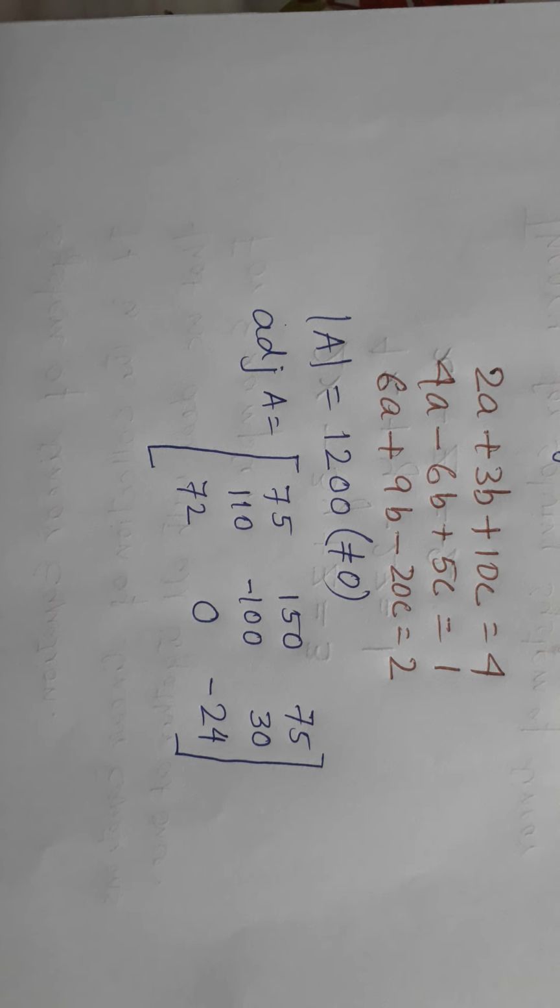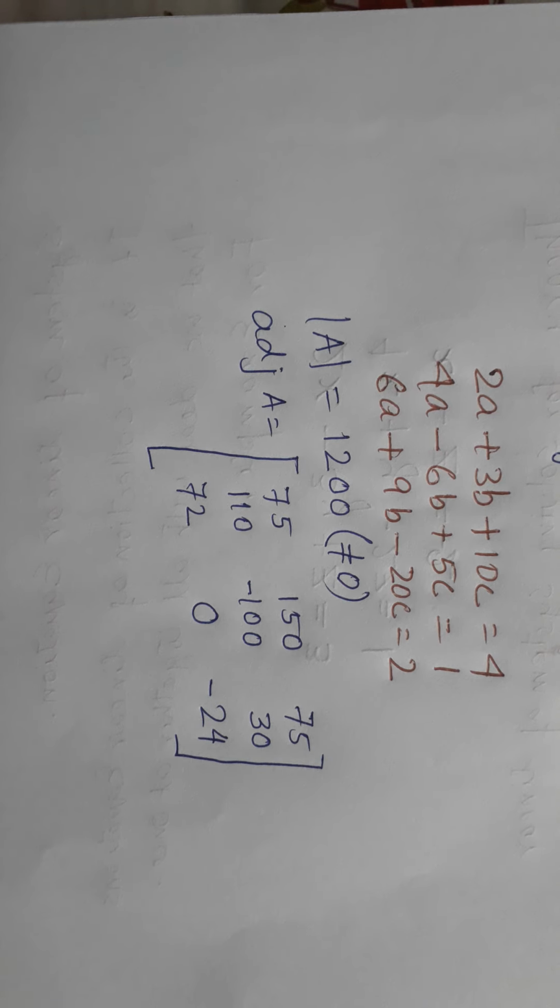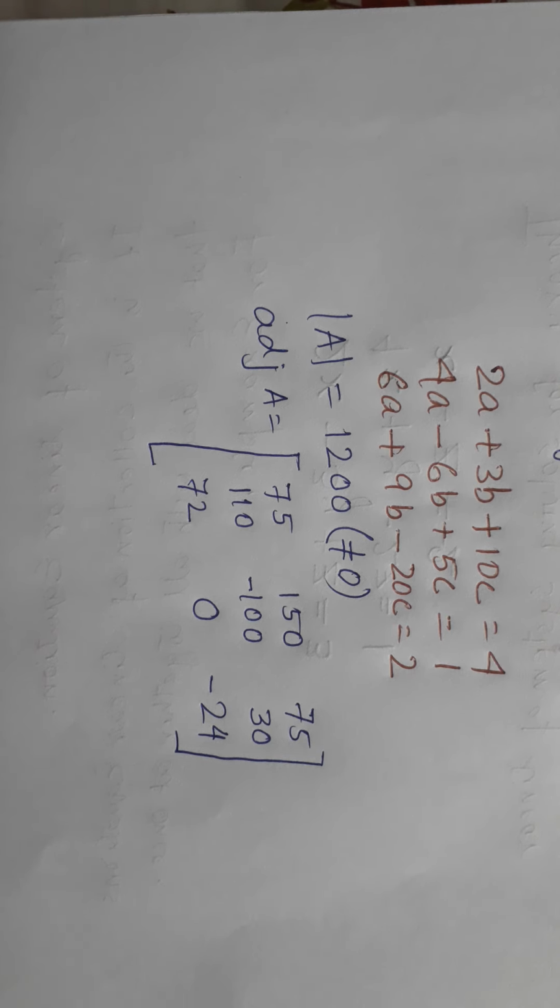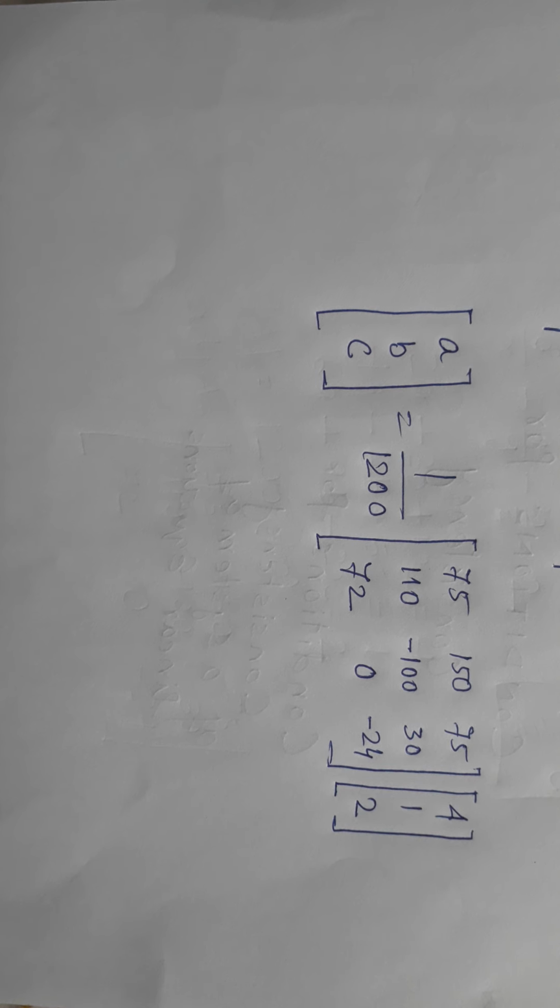Here we have the determinant of A. The determinant of A is coming 120, which is not equal to 0. So after that we will find out the adjoint of A, and this is the adjoint matrix of A. Now we will find out the solution. Hence we will get the solution for a, b, c like this.